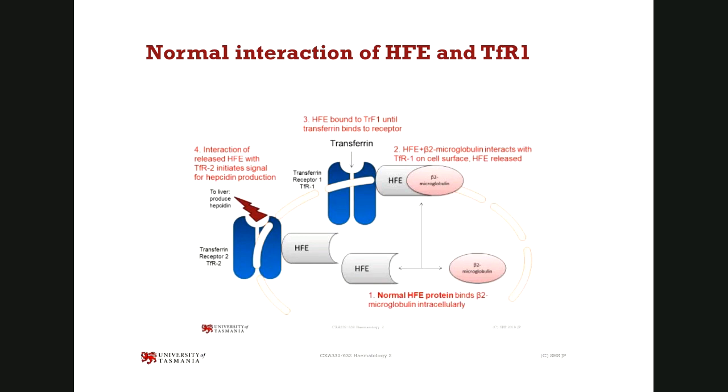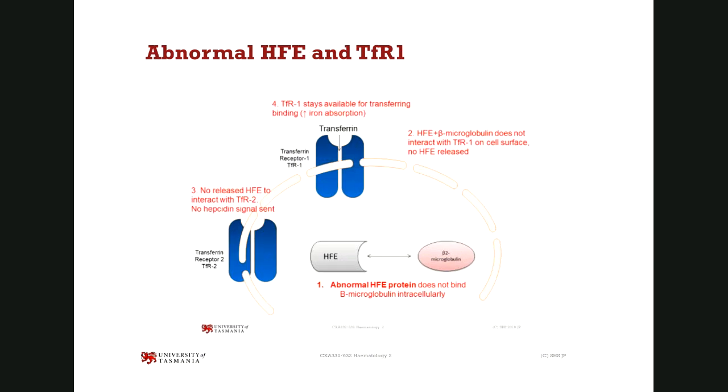What happens in hemochromatosis, where we've got an abnormal HFE protein, is it either doesn't bind to beta-2 microglobulin, or it doesn't bind to the transferrin receptor.